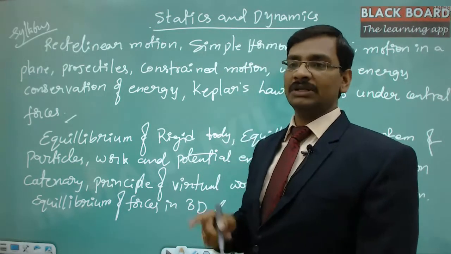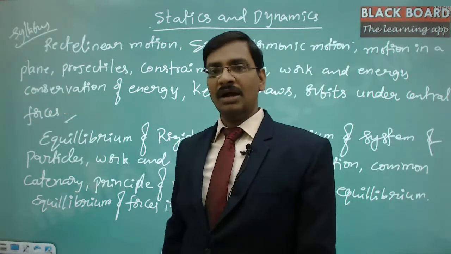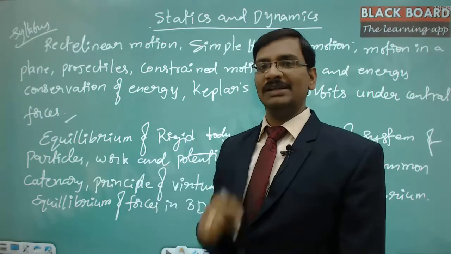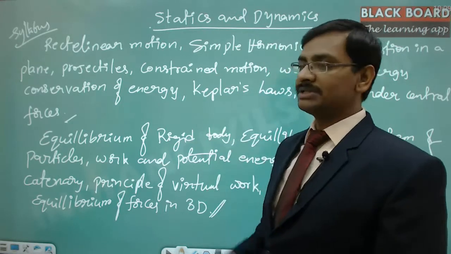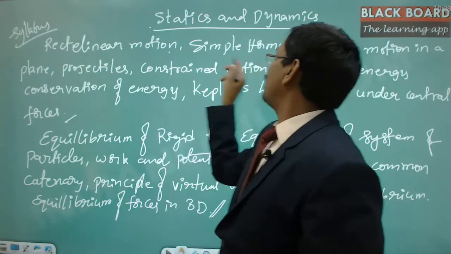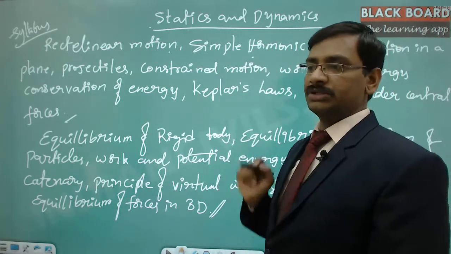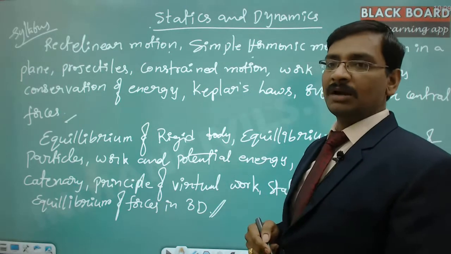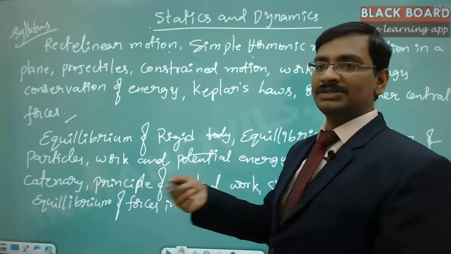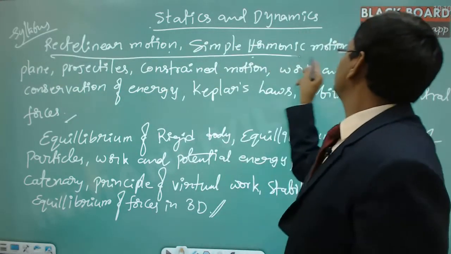The straight line motion can further be classified as one-way straight line motion and two-way or oscillatory motion. Together we can still treat it as one-dimensional motion. Rectilinear motion and simple harmonic motion are nothing but one-dimensional straight line motion, maybe forward, maybe backward, or maybe oscillatory on the straight line.